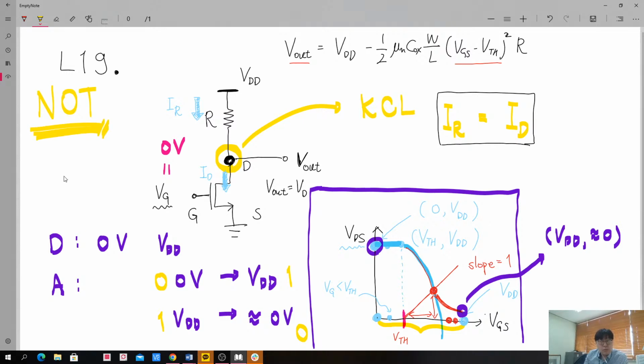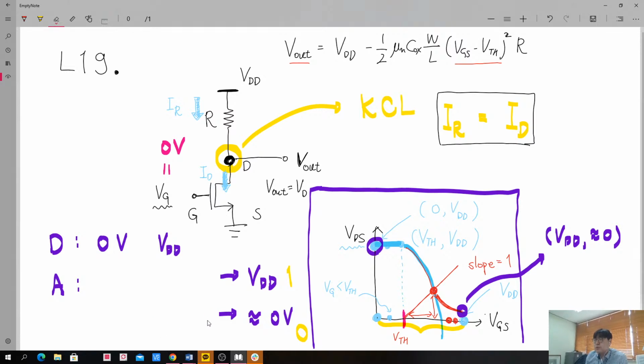So 0 to 1, 1 to 0. It means that you have implemented the NOT gate, or inversion gate, by just combining these two components, resistor and MOSFET. Okay, so this is the concept or the remarks we can have in this digital scene.